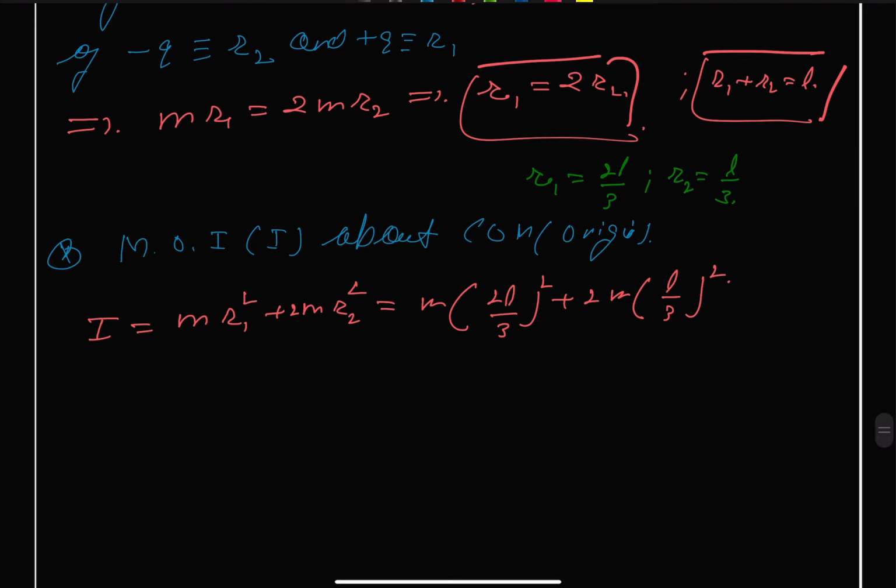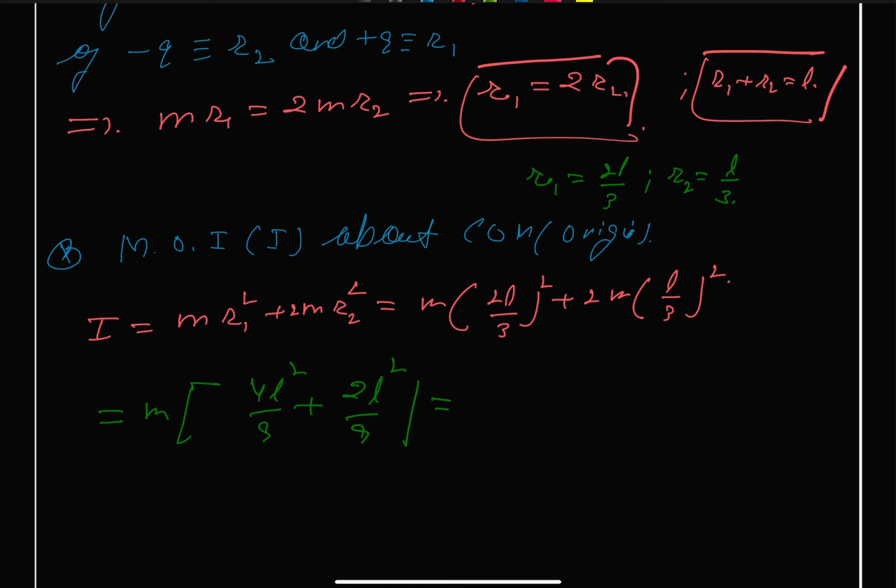And this will give us m. We can take it common. We get 4L square by 9 plus 2L square by 9. So it comes as m times 6L square by 9.